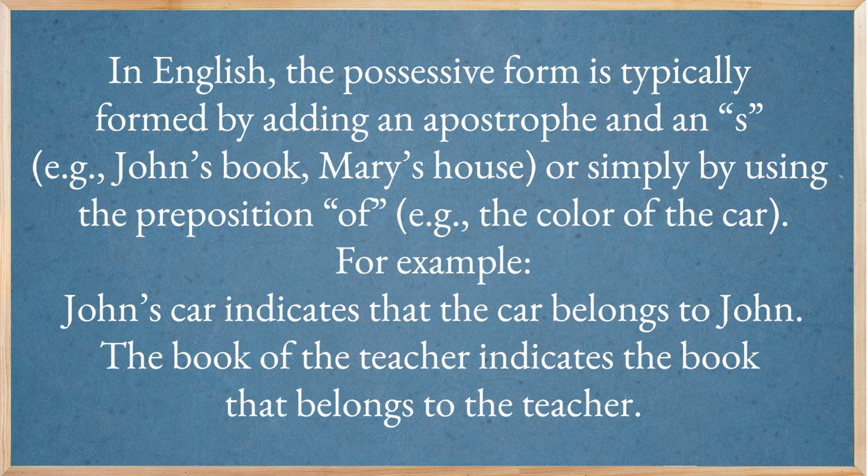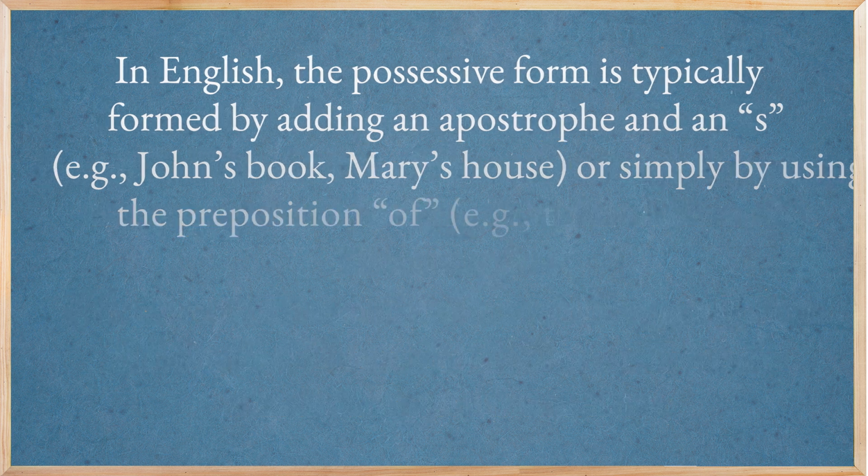For example, John's book, Mary's house, or simply by using the preposition of. For example, the color of the car. John's car indicates that the car belongs to John. The book of the teacher indicates the book that belongs to the teacher.